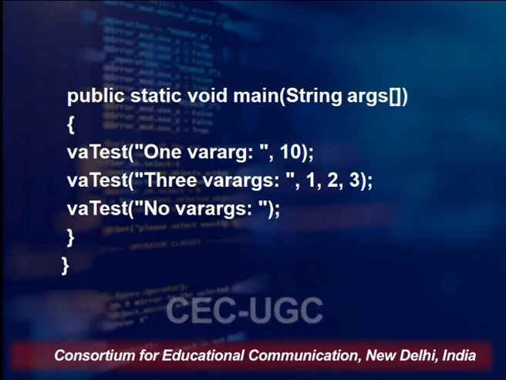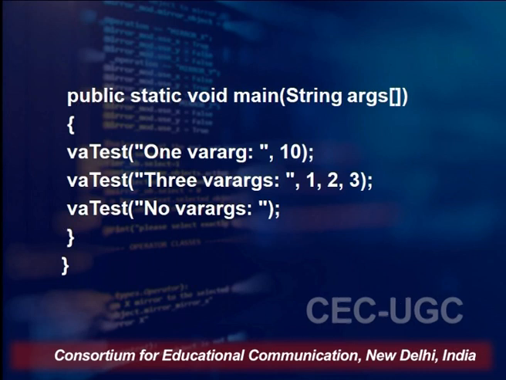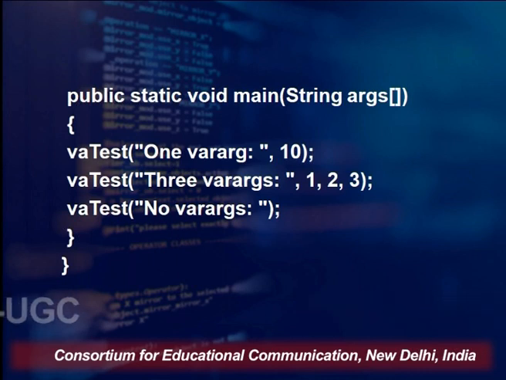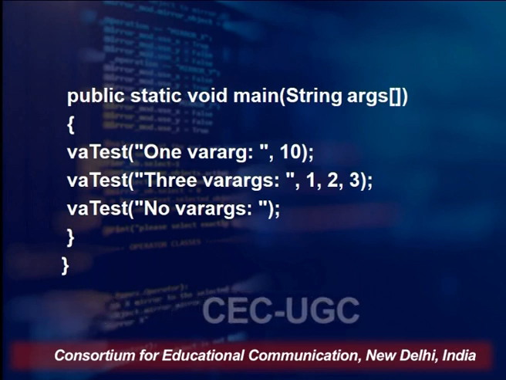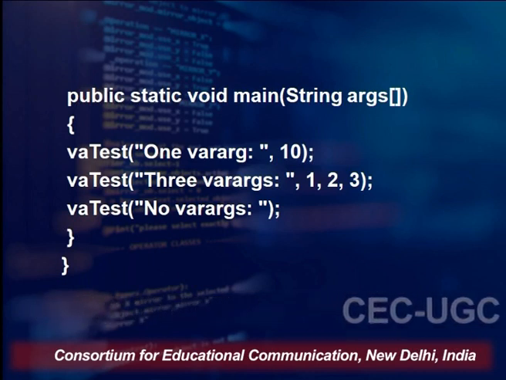Then in the next call, along with the message, we have passed three parameters, and in the last call, along with the message, which is the normal parameter, we have not passed any of the variable length arguments. So this was a reworked version.